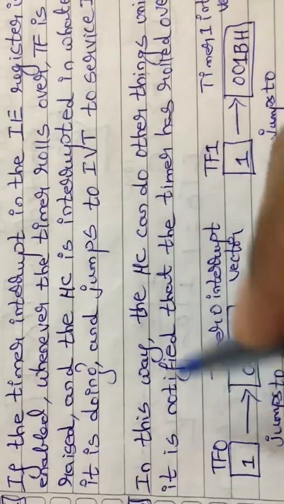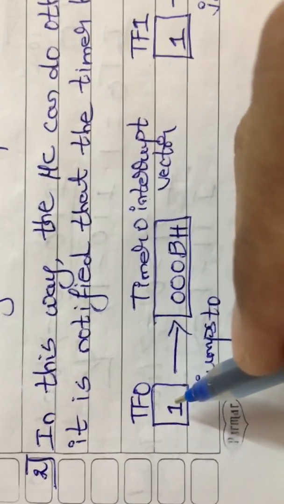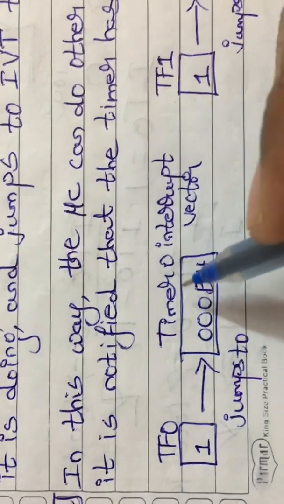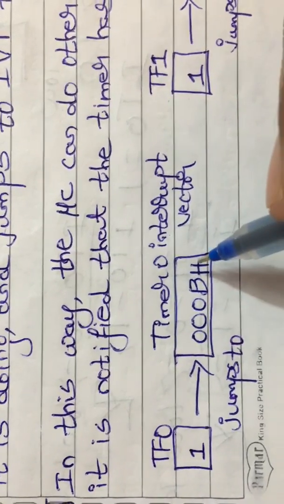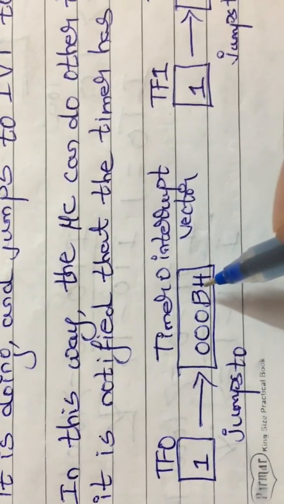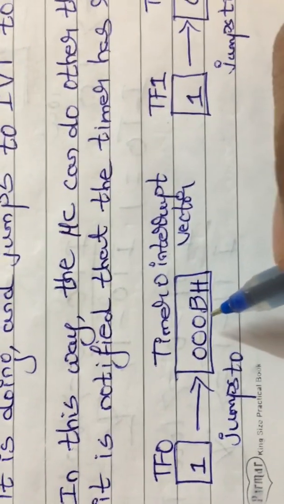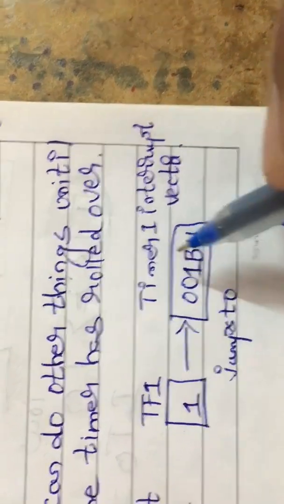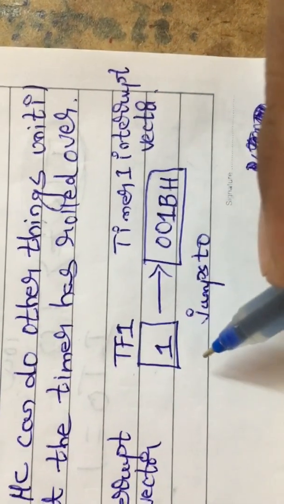Whenever the timer rolls over, TF becomes 1 and the microcontroller jumps to the IVT to fetch the address. The timer 0 interrupt vector address is 000BH. It will execute the instructions for timer 0 and go back to the main program. If I am using timer 1 interrupt, it jumps to the address 001BH, and after the execution of the ISR, it moves back to the main program.